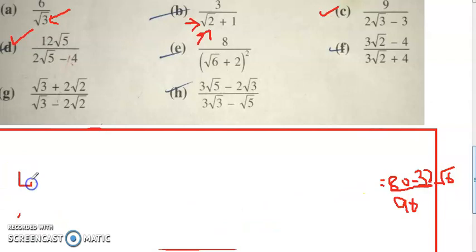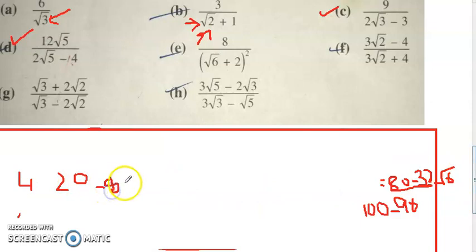So we will take 4 common. There was 100 minus 96. Now both of these values are divisible by 4. So 4 multiplied by 20 is 80, and 4 multiplied by 8 is 32, right?